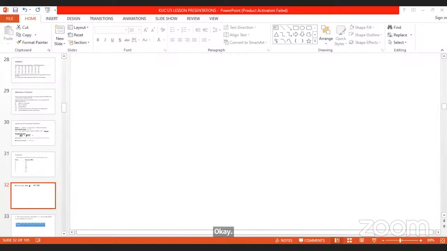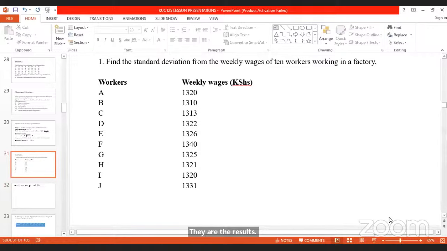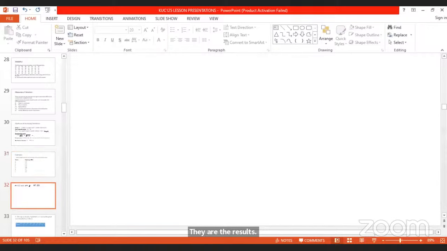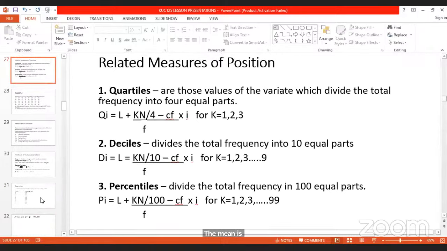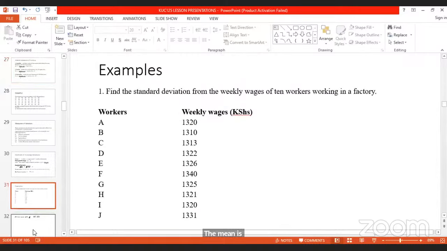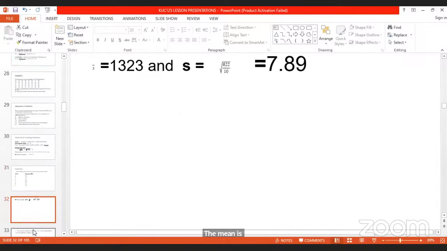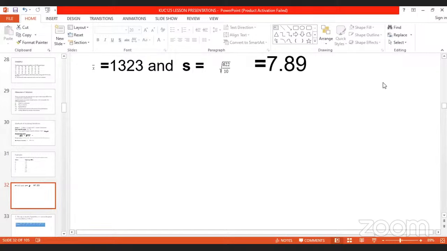There are the results. The mean is 1322 and the standard deviation is 7.89.